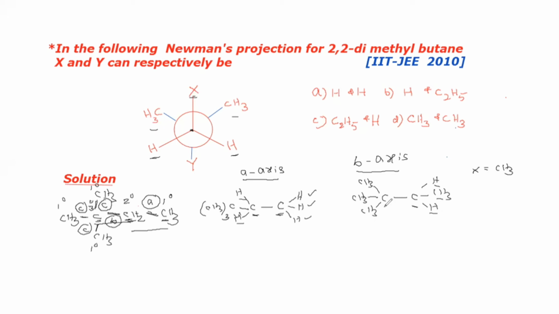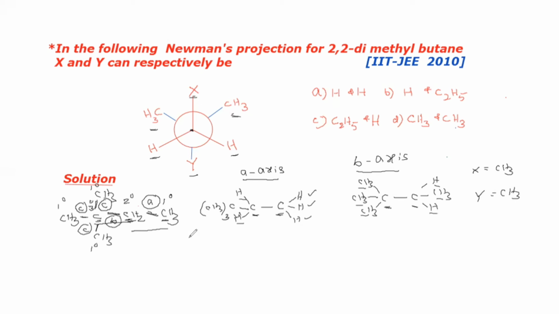And it is matching with the backside carbon of the Newman formula. Why? Because here and there are two methyls, but one more group is methyl here, and here Y. Therefore, Y can be methyl.